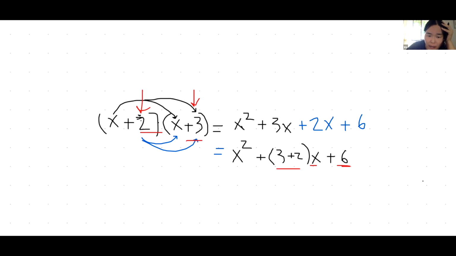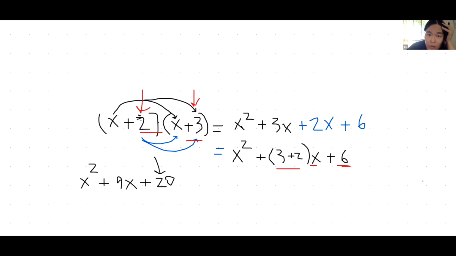If I have a problem, say factor x squared plus 9x plus 20, you can ask, do we have two numbers that multiply to 20 but add up to 9?